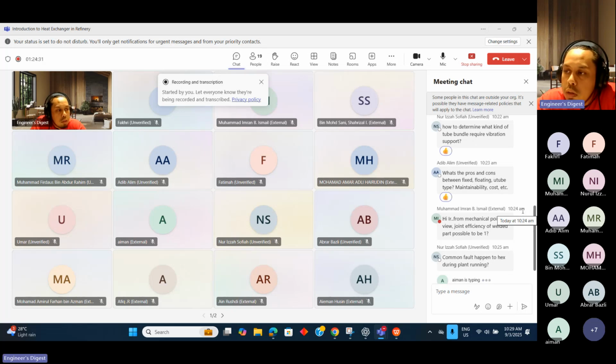Then a maintenance issue is there as well. Let's say we have a floating type. There is a backing ring, or backing flange, at the rear end. You need to open it, and the maintenance issue could be that there is a partition plate. Once you want to close back the partition plate, it is not aligned.